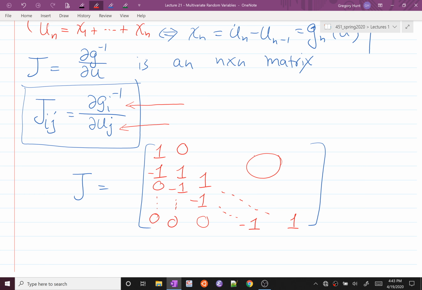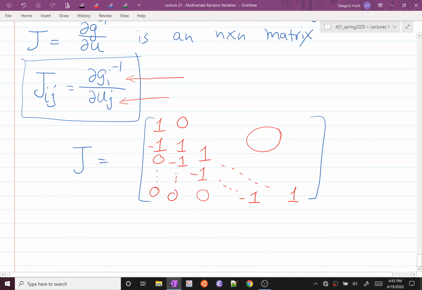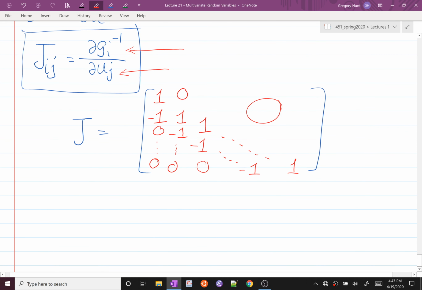And so in general, eventually we need to find the determinant of this thing, right? We want the determinant of my Jacobian. The determinant of a general n by n matrix can take quite a bit of time to compute. In this case, J is not a diagonal, it's a triangular matrix.